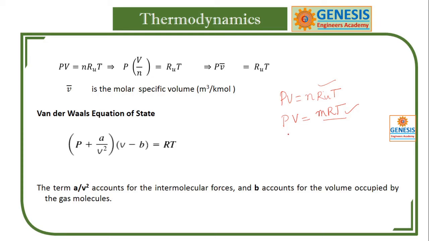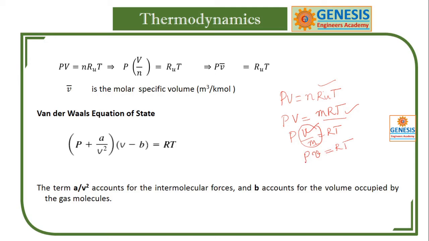From this one, I can change this equation again into PV by m is equal to RT. V is an extensive property. If you divide it by mass and replace it by a small v, we call it specific volume.